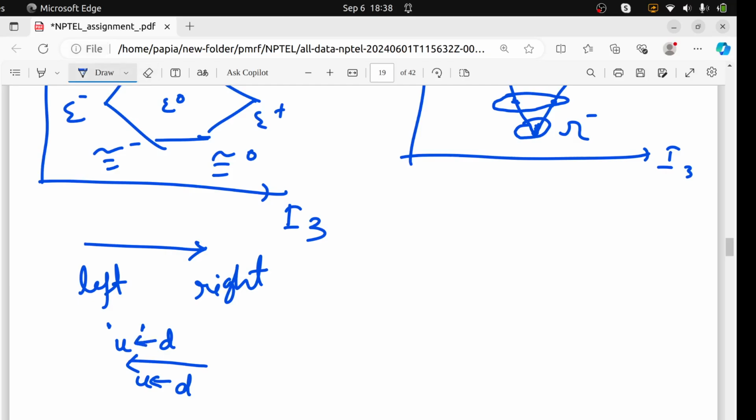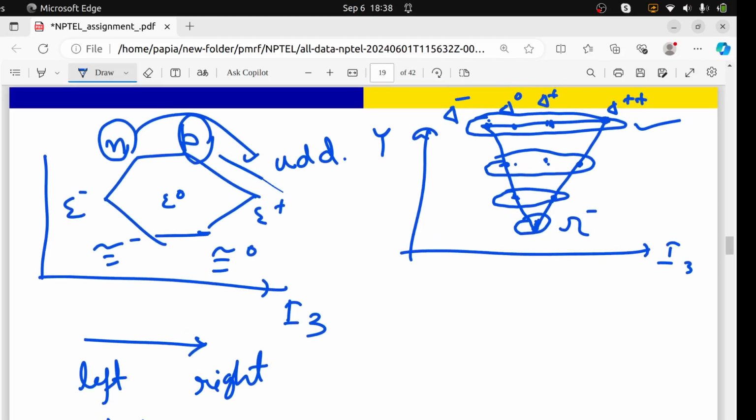I will tell you what it means. And P is U, U, D. What does this mean?